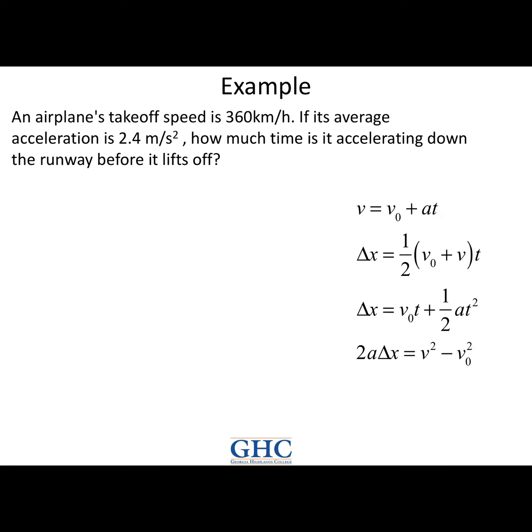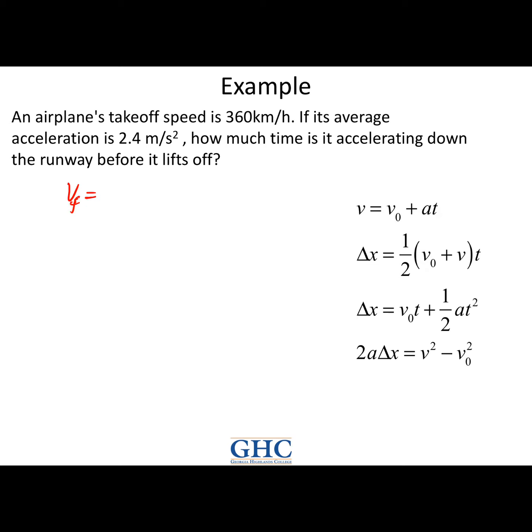So a very simple example. The takeoff speed of an airplane is 360 km per hour. If its average acceleration is 2.4 meters per second squared, how much time is it accelerating down the runway before it lifts off? First of all, we write down the known quantities.